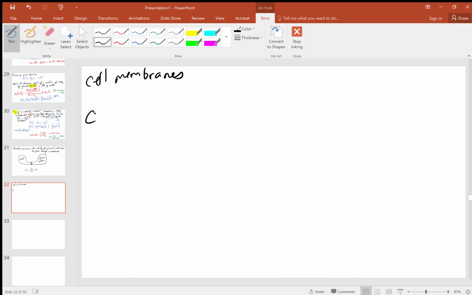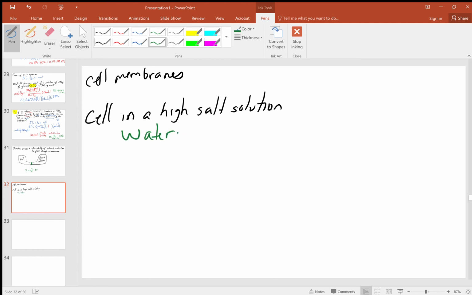So what if your cell is in a high salt solution? Well, at that point, which direction is the water going to go? The water is going to go out. So we're talking about a hypertonic situation, and as a result, the cell shrinks.